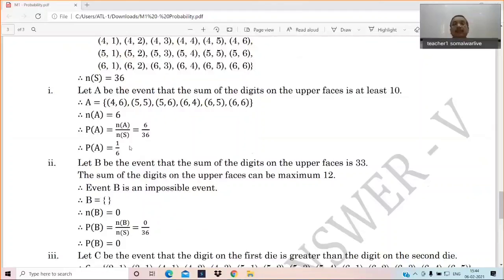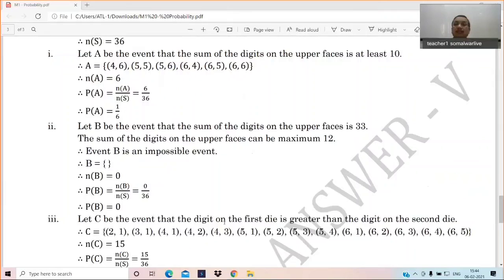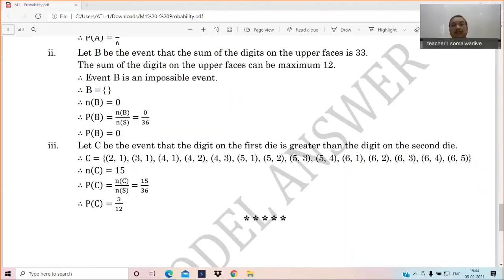Second: the probability of the event that the sum of digits on the upper faces is 33 is 0, and the probability of the event that the digit on the first die is greater than the digit on the second die is 5 by 12. So you have to make it your habit to write your answer in a sentence for each and every word problem.